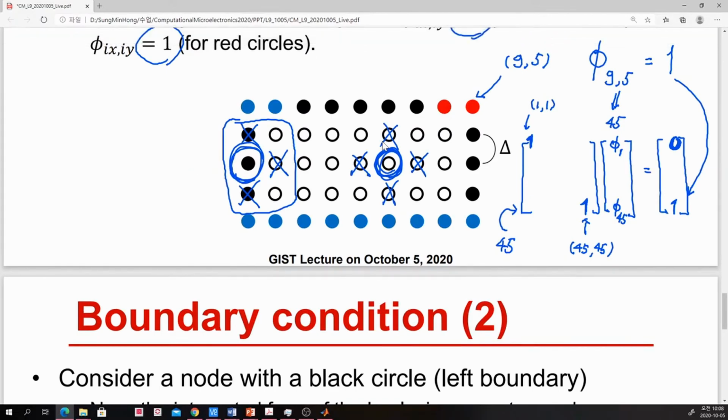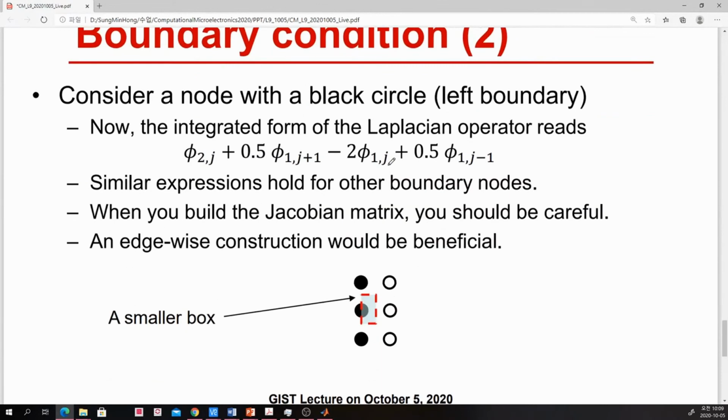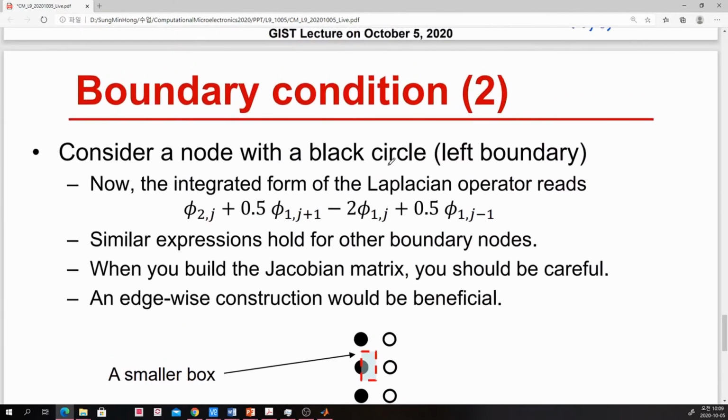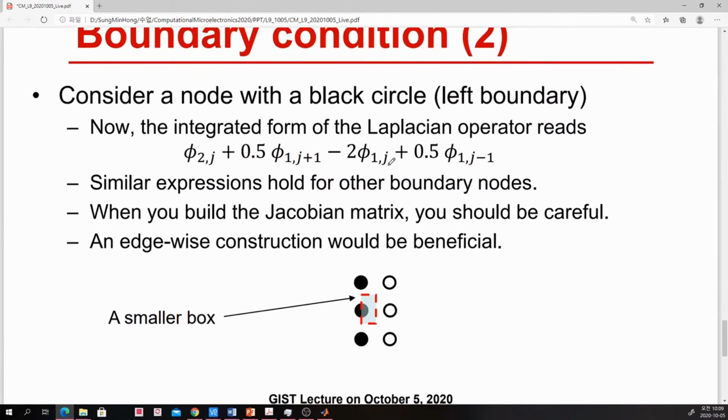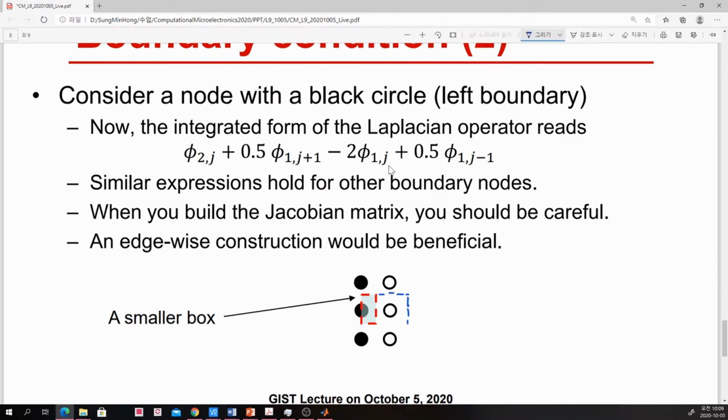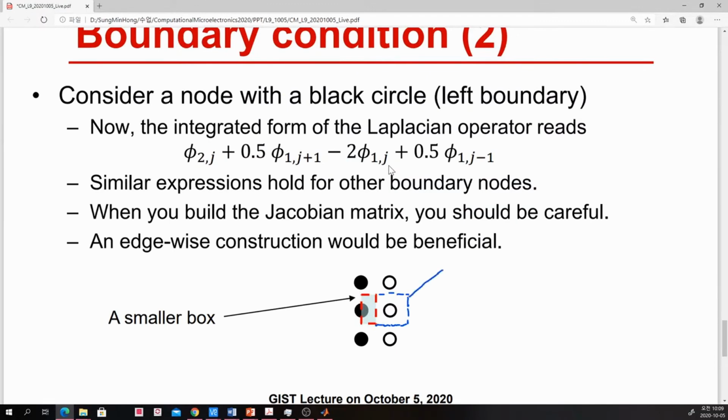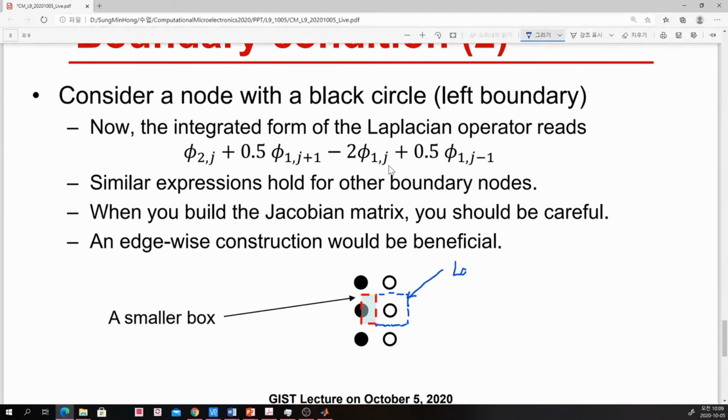In this case, let me simply summarize. When you apply the homogeneous boundary condition, just apply your main equation, your equation for your bulk node, without modification. That is my rule. So for example, here previously you had to impose the Laplace equation.